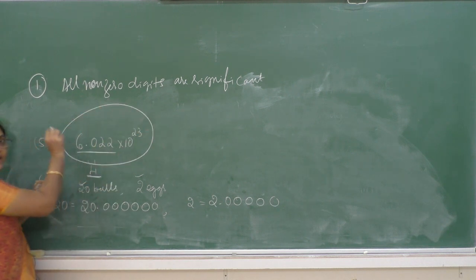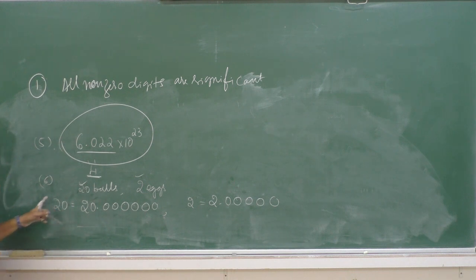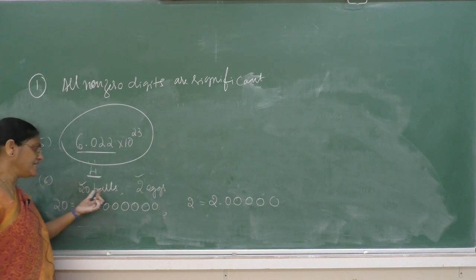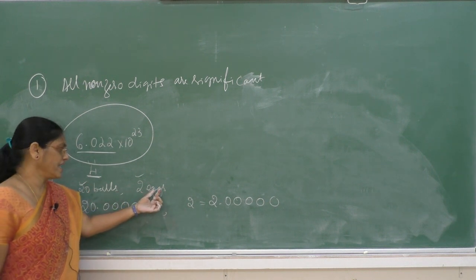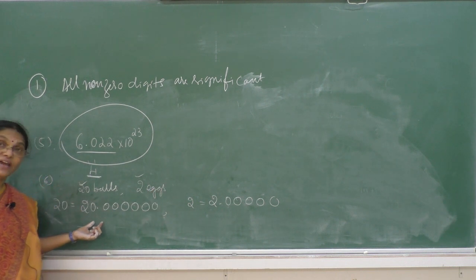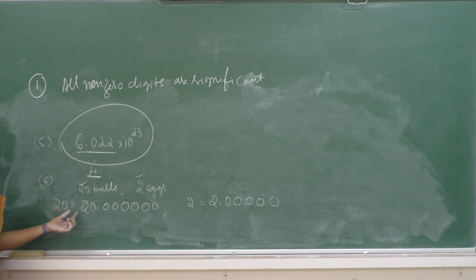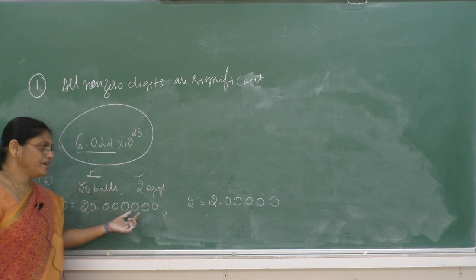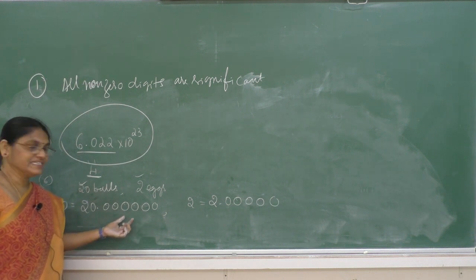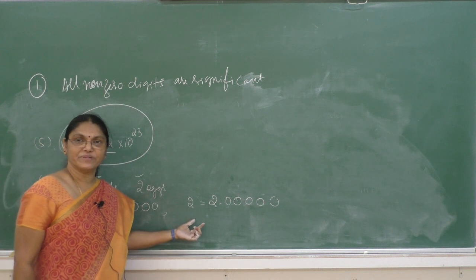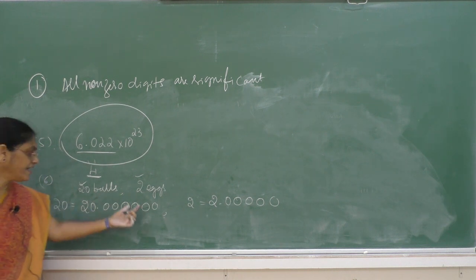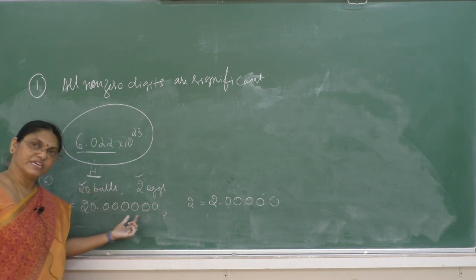Next, the last one is the counting numbers, such as 20 balls or 2 eggs, which have infinite or unlimited significant figures because they are exact numbers, represented by putting an infinite number of zeros.